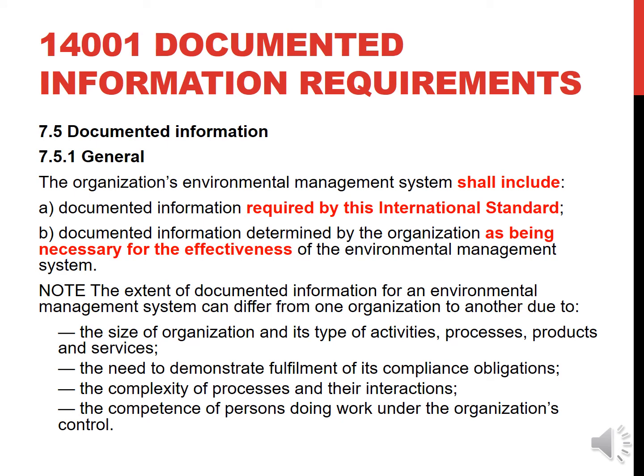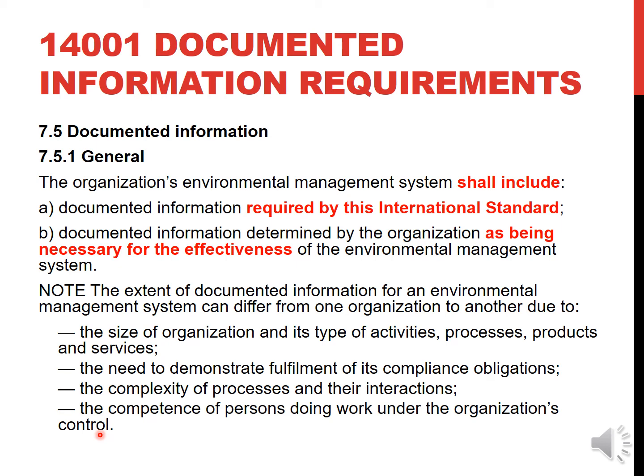So the purpose of this requirement is to allow flexibility. One of the complaints of ISO 14001:2004 and the similar management system standards was that organizations had to create this very complex document management system with dozens and dozens, sometimes hundreds of documents floating around the organization.